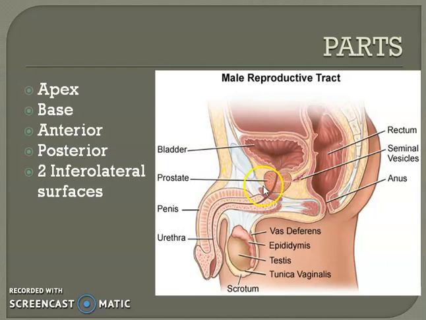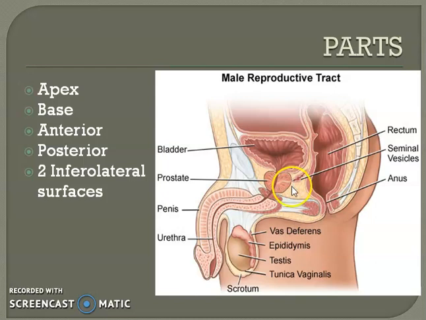The anterior surface is narrow and convex and is situated 2 cm behind the lower part of the pubic symphysis. Between these two lie the retropubic fat, the prostatic venous plexus and the deep dorsal vein of the penis.